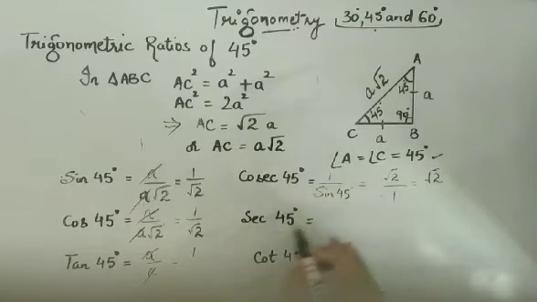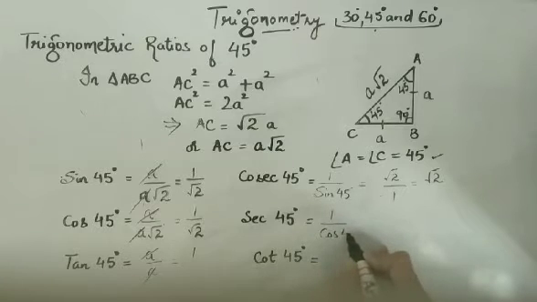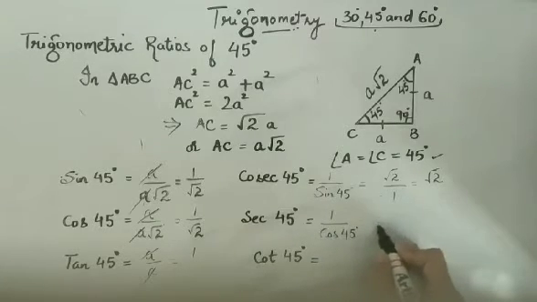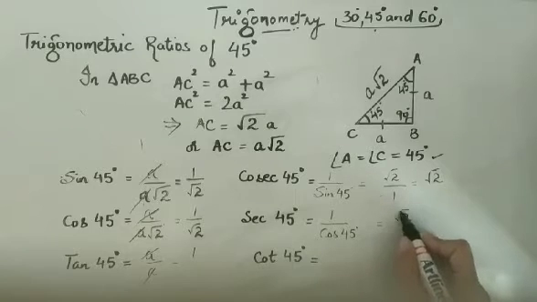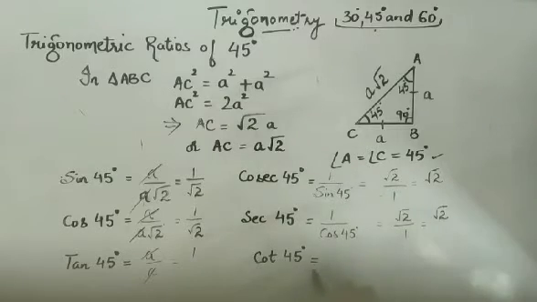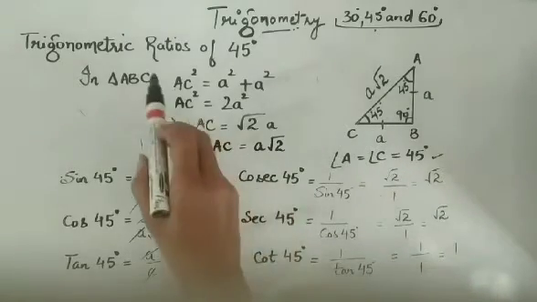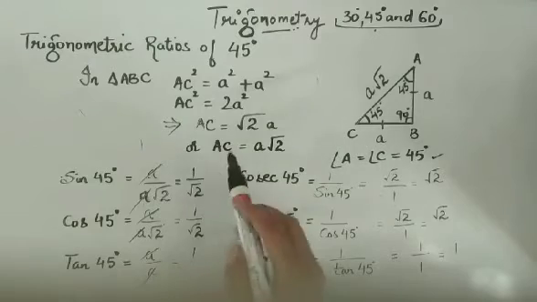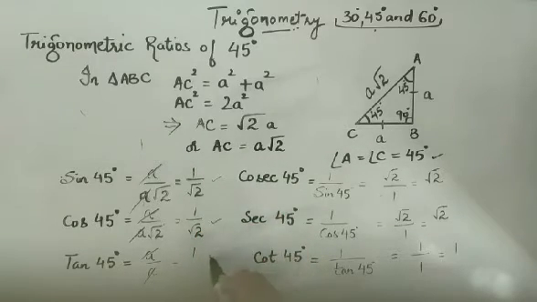Secant 45 would be 1 upon cos 45, which makes it root 2 by 1. This is also root 2. And cotangent 45 or cot 45 is 1 by tan 45, 1 by 1, which is 1. So that's how for 45 degree all these values can be derived.